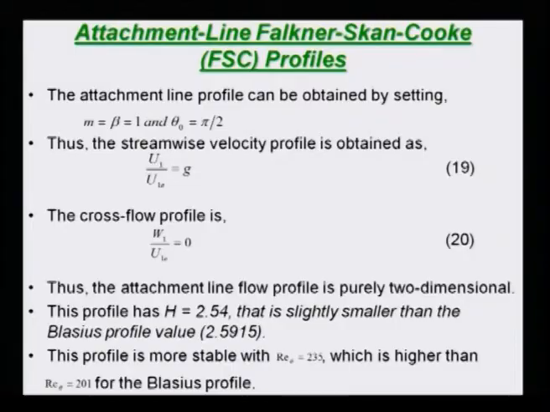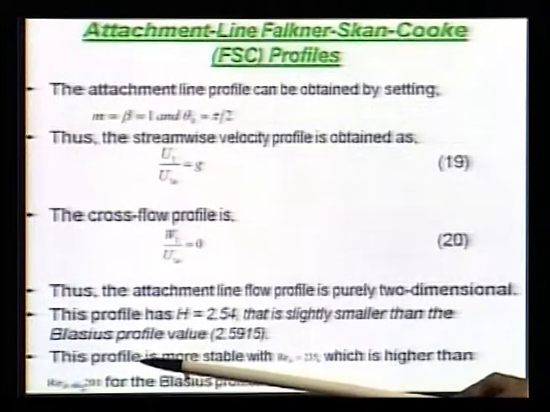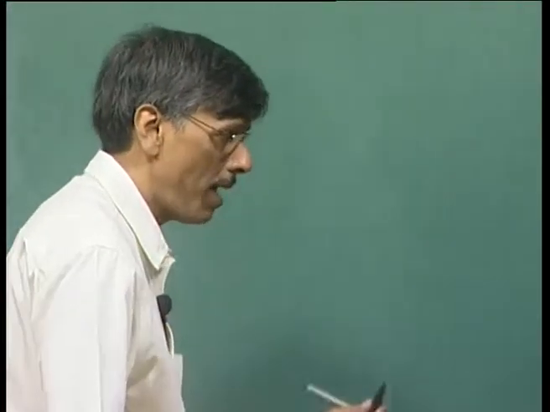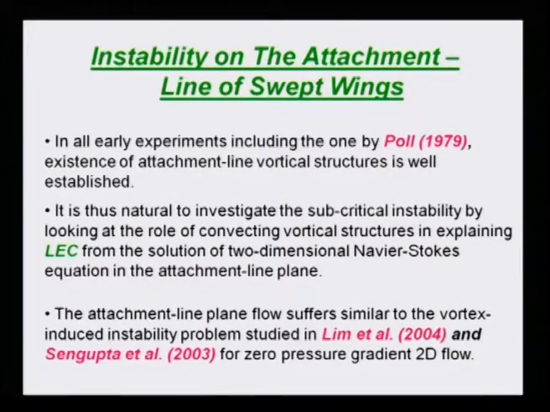That 520 actually corresponds to Re theta equal to 201. Okay. And so, you can see that this attachment line plane is not as stable as the stagnation point flow. It is slightly more stable than the Blasius profile. This was what we pointed out.